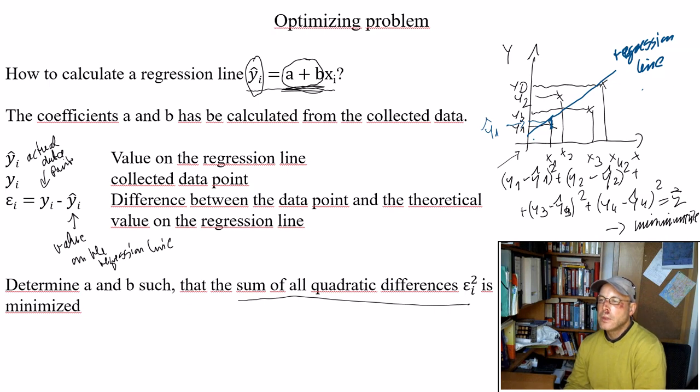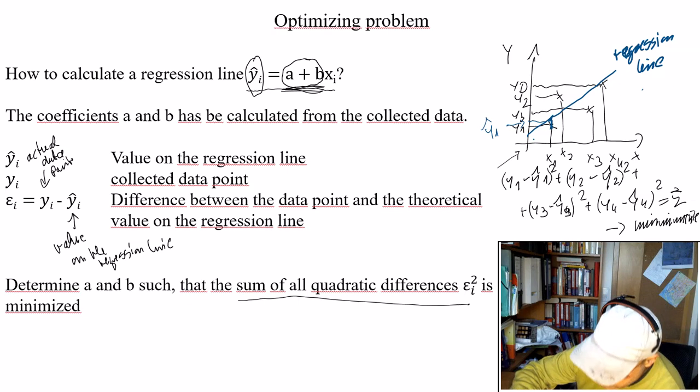Well, what does it mean to minimize this square? This comes just from what you hopefully have already seen in your statistics course, that you there also defined the difference between the data point and the mean of your sample, that you define this as the variance.